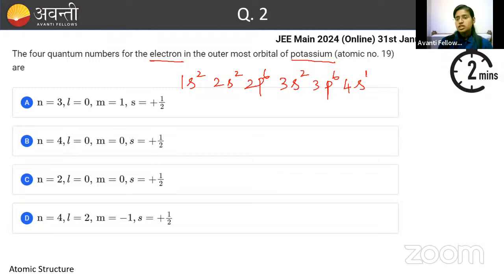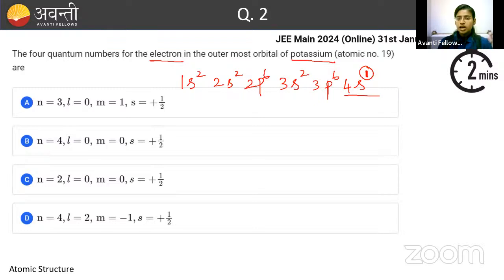You can see the last electron is present in 4s orbital. So we have to find out the 4 quantum numbers for this electron which is present in 4s orbital.